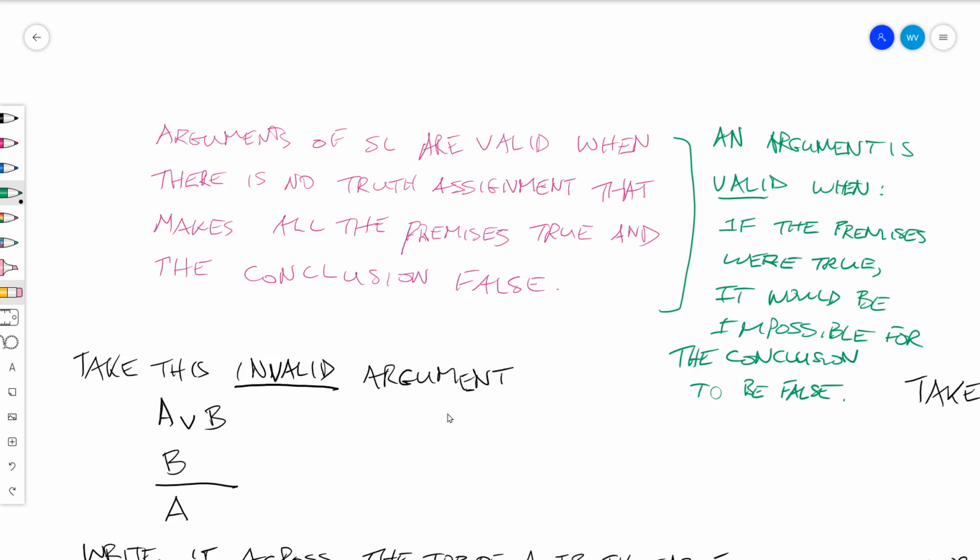All right, now that's our definition of when a deductive argument is valid.